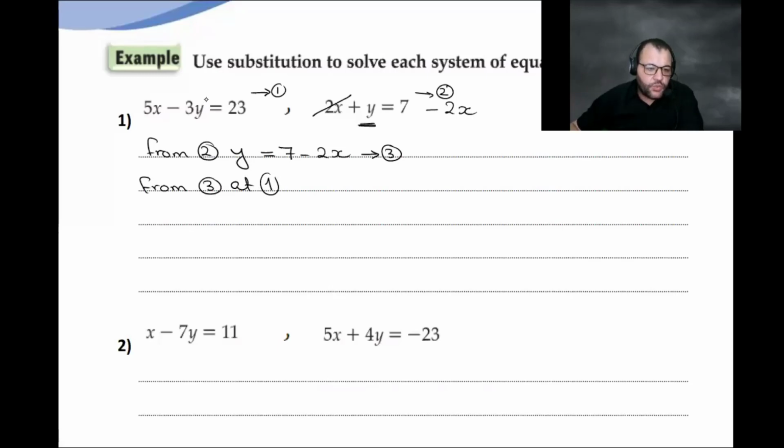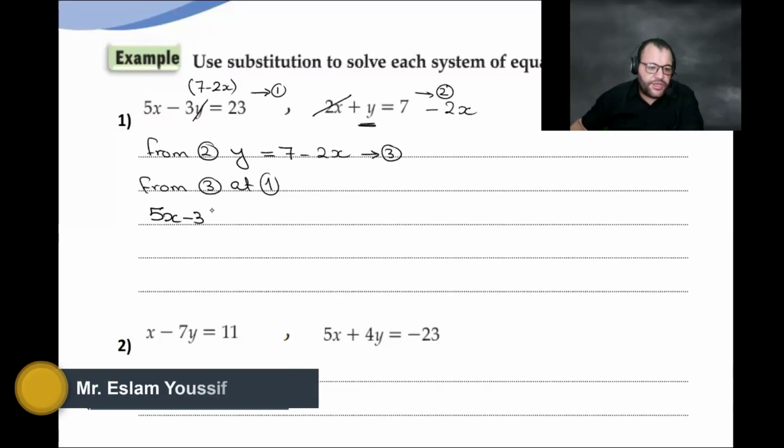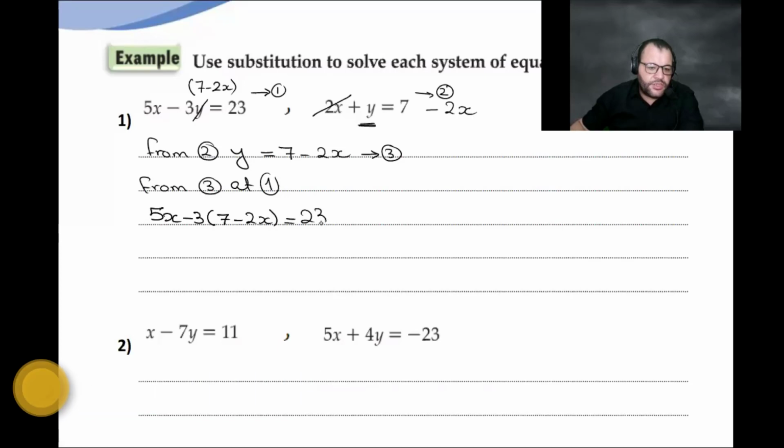So just replace y here with 7 minus 2x. The new equation that we have is 5x minus 3 times (7 minus 2x) equals 23.